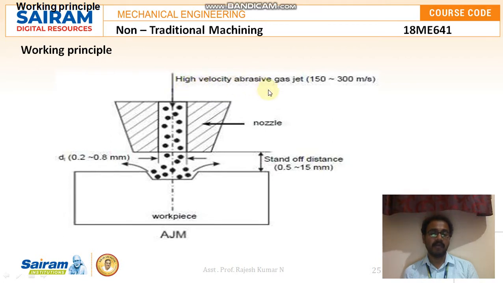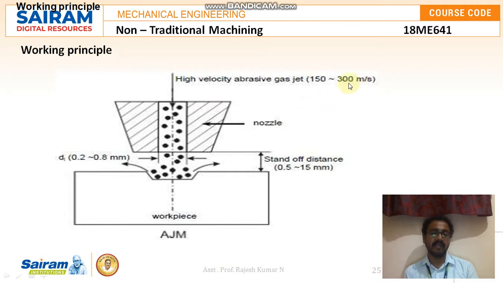Since I'll be supplying it with the help of a pump, the mixture will already have some velocity, and when I pass it through the nozzle, obviously it will be multiplied. So it is a high velocity abrasive jet, and you can see the velocity at which I'll be allowing it to pass through the nozzle: 150 to 300 meters per second.